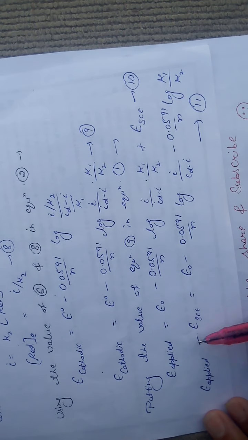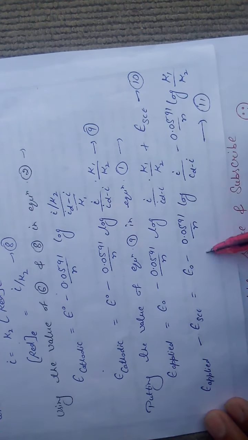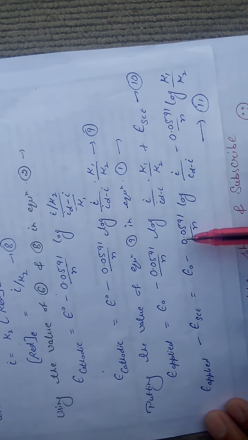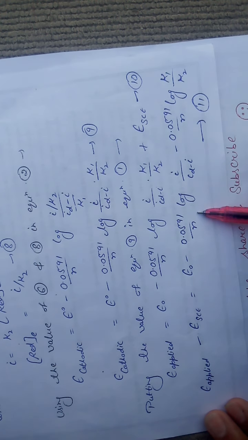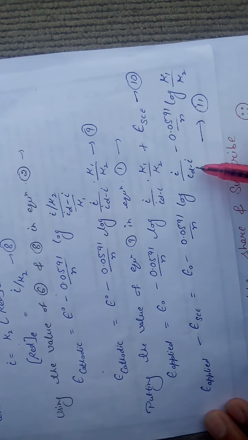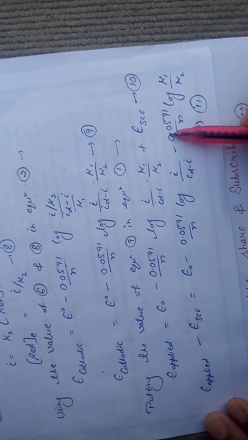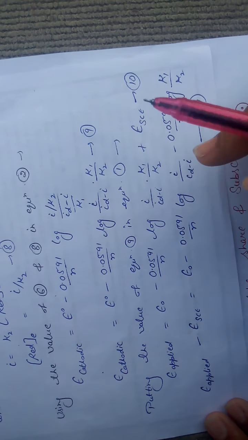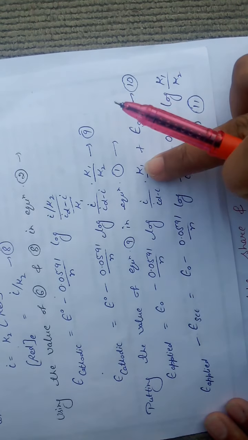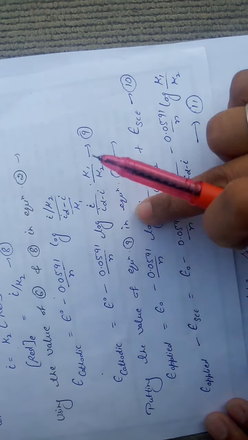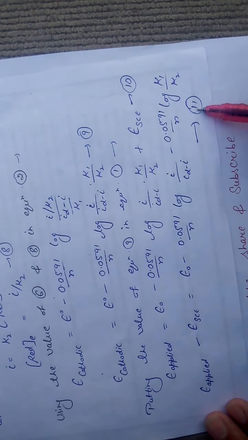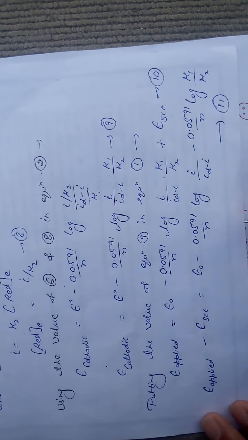So E applied minus E at saturated calomel electrode from here is equal to E naught minus 0.0591 upon N log of I upon Id minus I minus 0.0591 upon N log of K1 upon K2. Firstly, it will multiply with this, and after that it will multiply with this, right? So it may be represented by equation number 11.